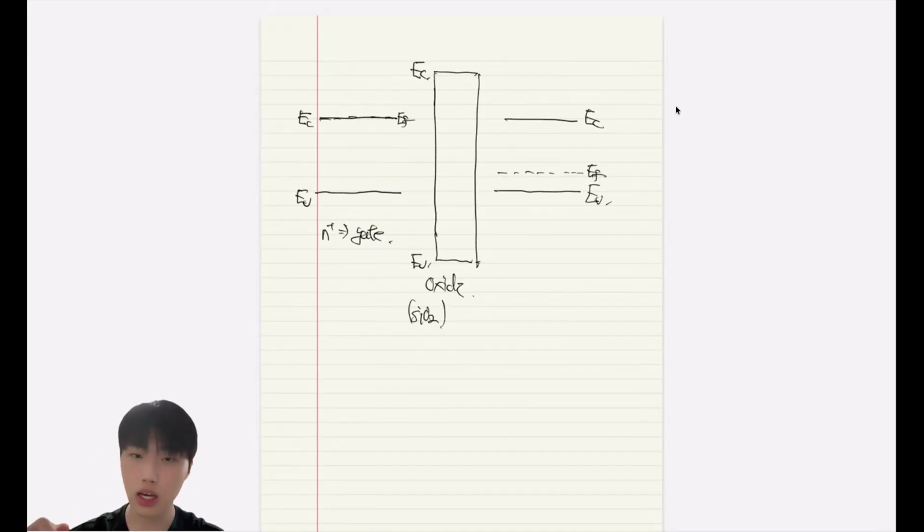And the middle of the band gap is the intrinsic Fermi level. I can draw like this. This is the energy band diagram of the MOS before we join it. So these are the three parts of the MOS. So let's join it.